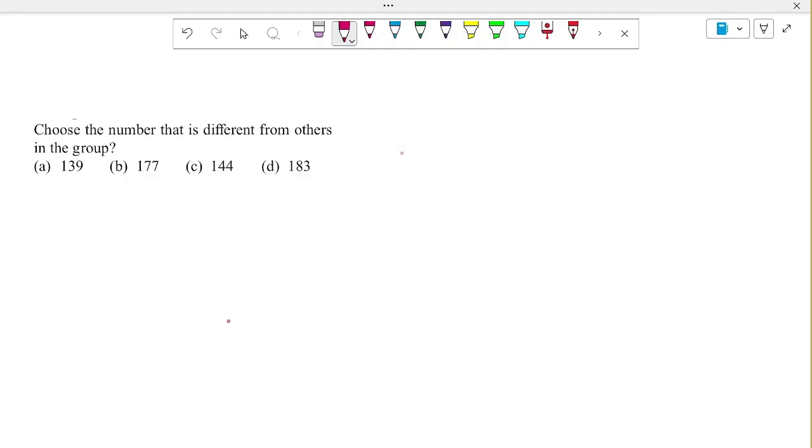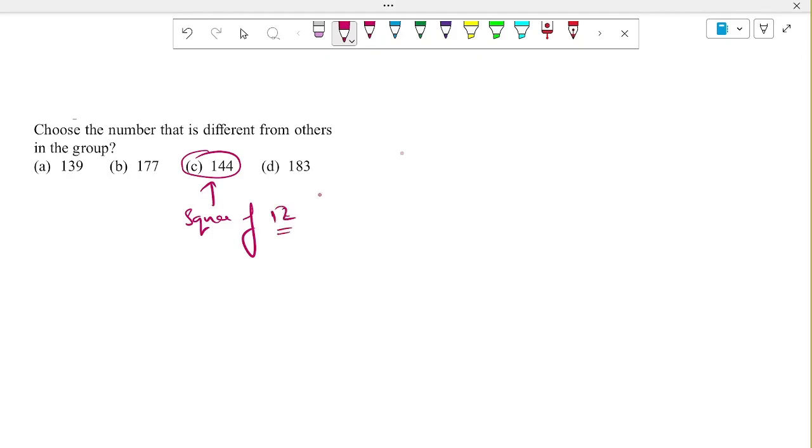Here also you need to find the odd one out. These kinds of questions will not be so many in the exam. Out of 50, you may find around 3 to 4 questions. But if you can solve them, it is well and good. Now if you look at these, this number is the square of 12.